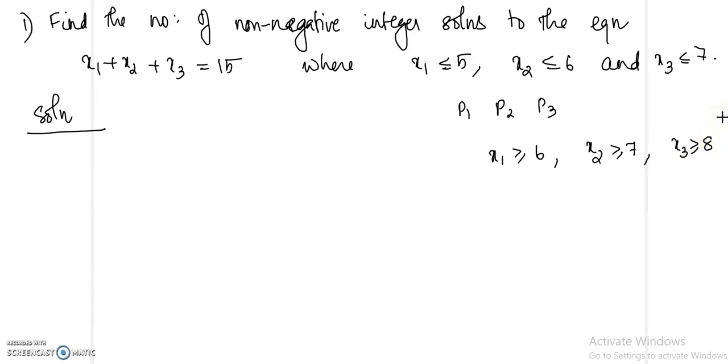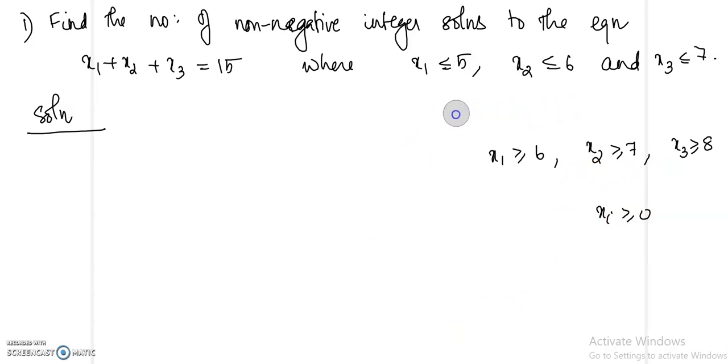When we have greater than or equal to, we can find the number of integer solutions, which we have seen earlier. So we can take x1 minus 6, which will be greater than or equal to 0. Similarly, x2 minus 7 will be greater than or equal to 0, and x3 minus 8 is greater than or equal to 0. So we will get it in the form xi greater than or equal to 0. Then we can find the number of integer solutions using combinations.